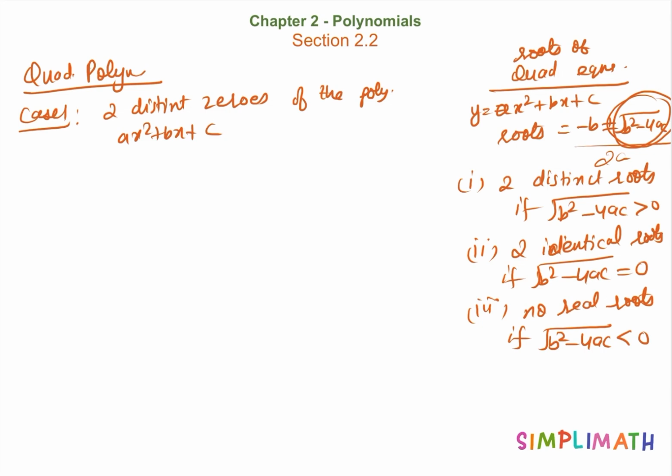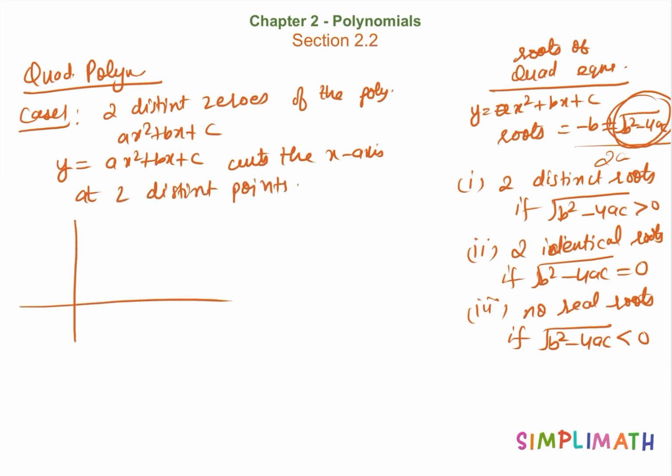So this means that the graph of the equation y equals ax square plus bx plus c cuts the x-axis at two distinct points, right? For example, the graphs would be something like this. So it would be cutting the x-axis at two distinct points, either facing downwards or facing upwards, and it would be cutting at two different points.